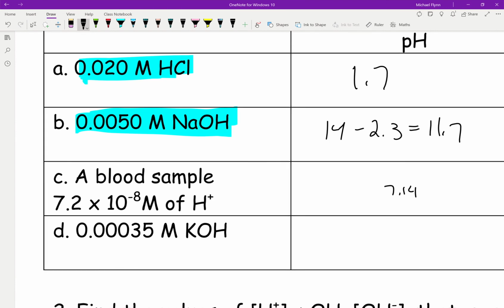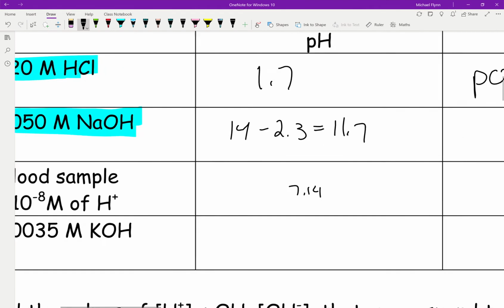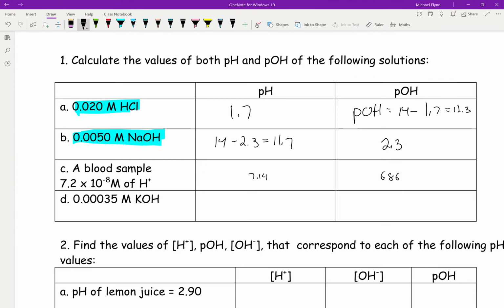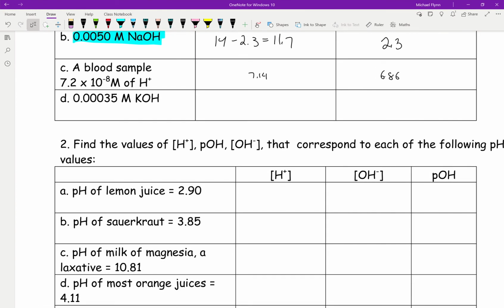You don't have to know exactly what it does, just press the button, that's it. Now they have to add to 14, so I get my pOH by subtracting from 14. This one's going to be 6.86, right? And that's it. So I'll let you do the last one. And you guys are superstars. You're getting it, right? I'm imagining that you're getting it, so it's all good.